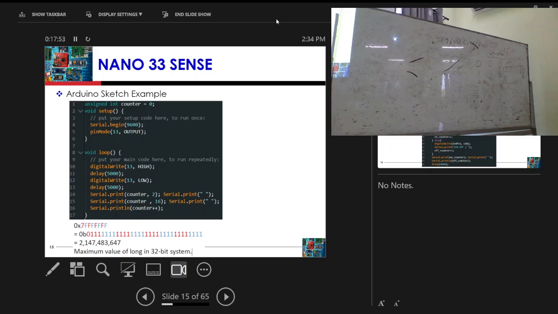I said that the last time. It means that the lowest number a 32-bit space can store is 0, 0, 0, 0, 0, because each space stores one binary number, a 0 or a 1. The highest number you can store means that each location is 1, 1, 1, 1, 1.